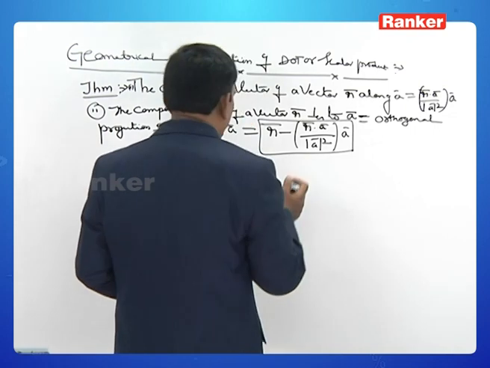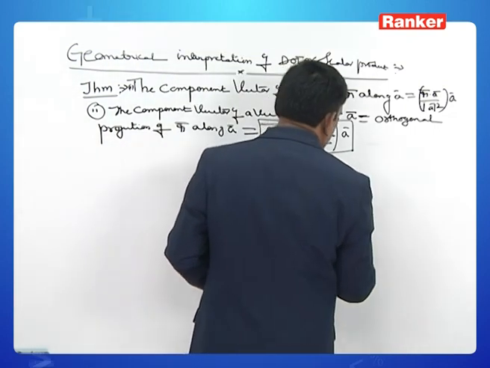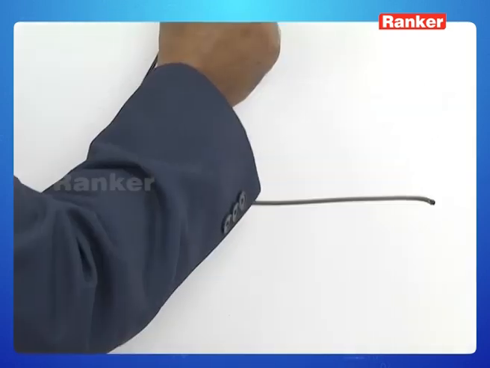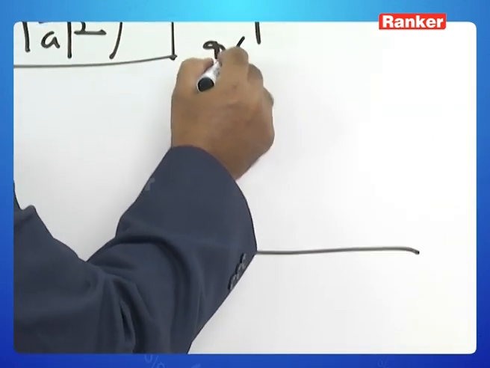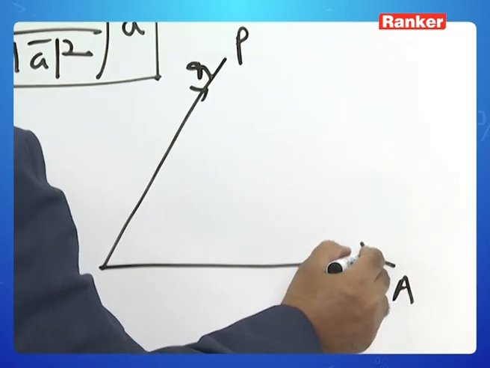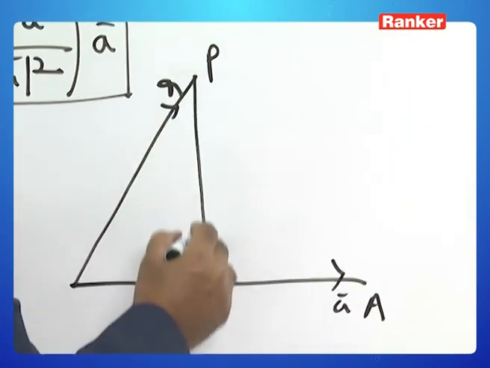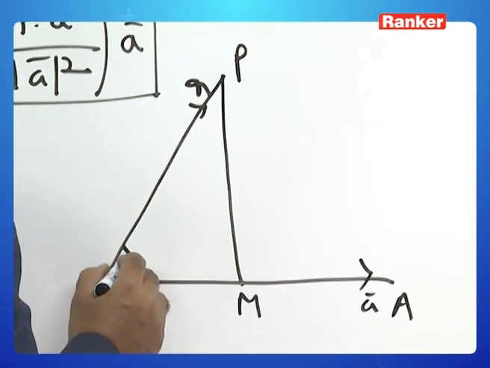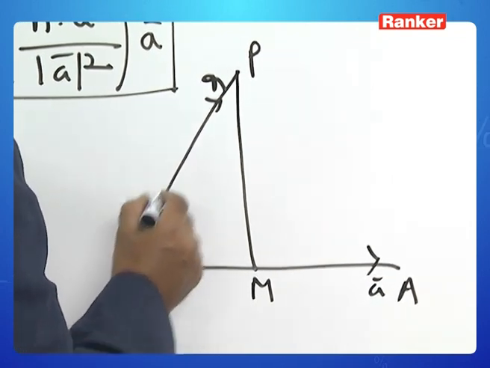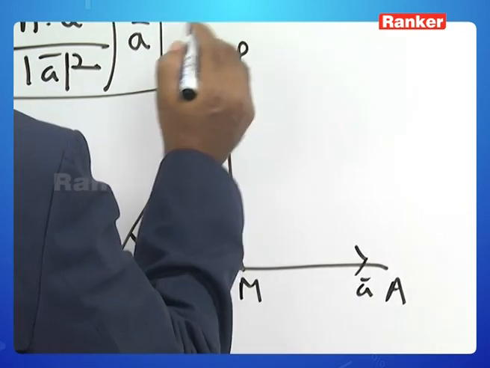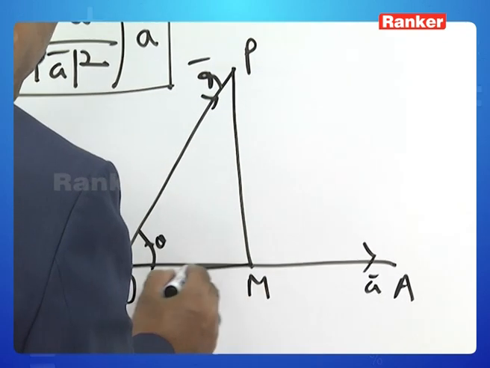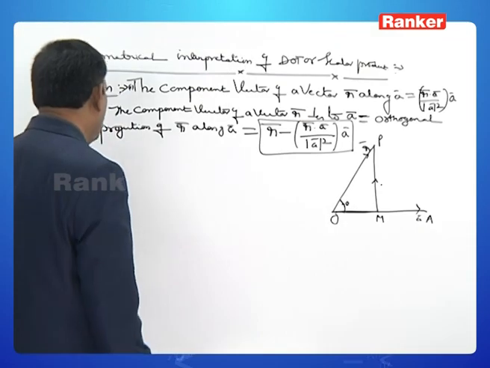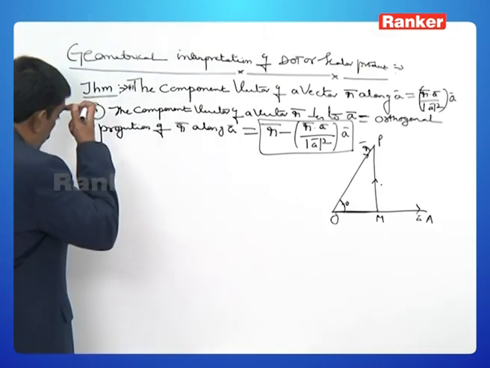Let us see. Take OP as R bar and OA as equal to A bar, with theta the angle between them.